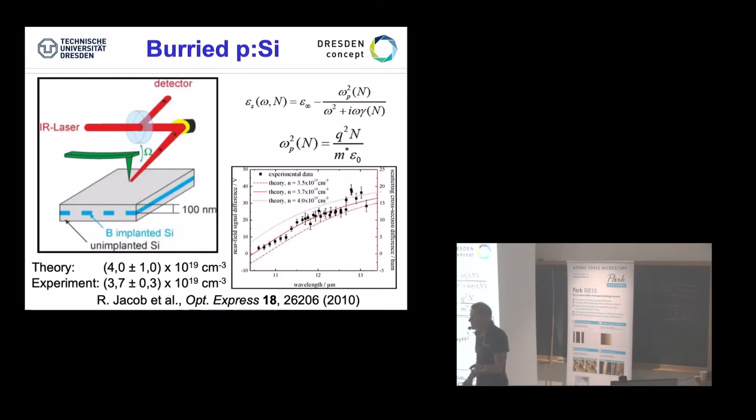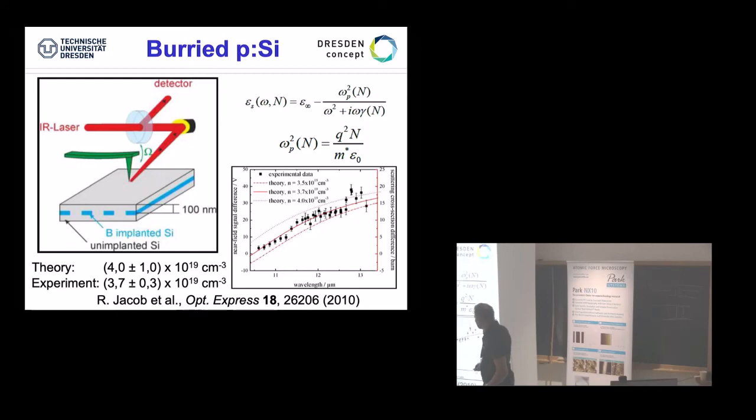This is not a phonon resonance, but this is a plasmon resonance, because with respect to the silicon, there's enough electrons from the boron, or let's say holes in that sense, that we have a plasmon resonance. So that means the tip penetrates into the sample, and measures exactly at these local depths how much of these holes I have in the simple model.